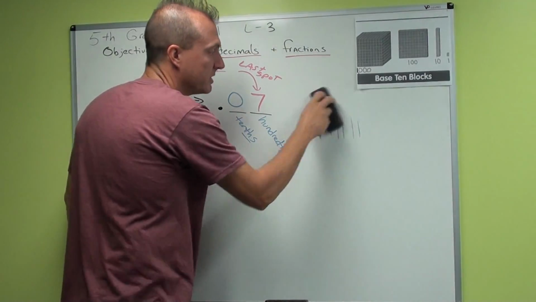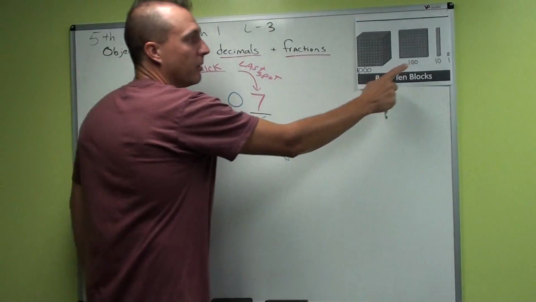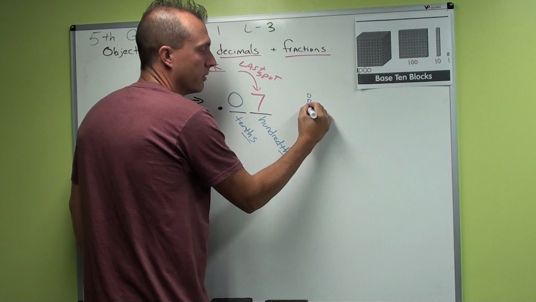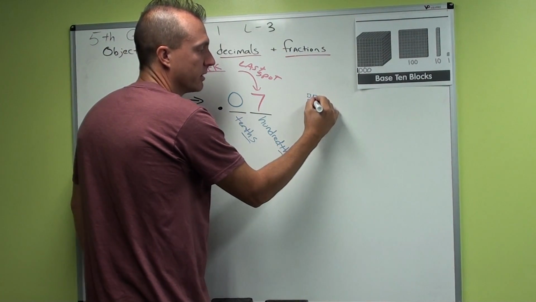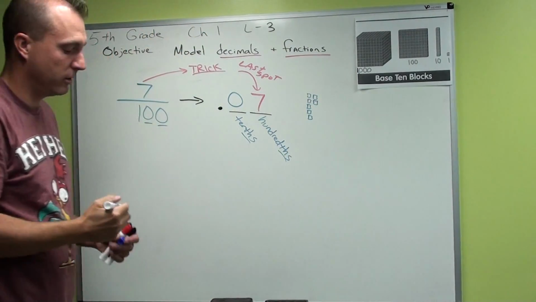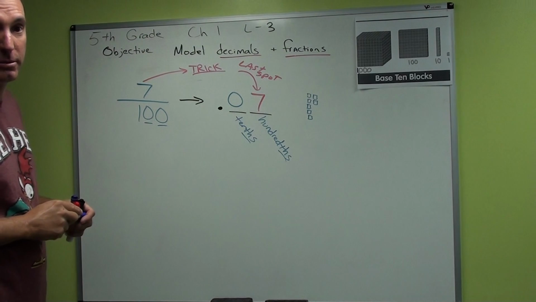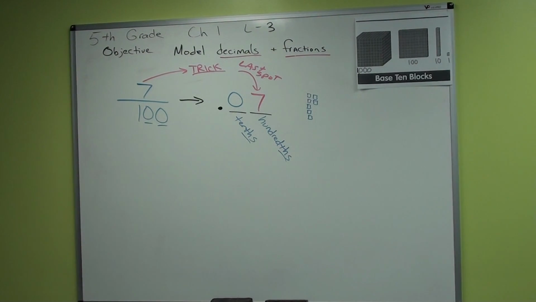That means there's no 10 sticks. You should have 7 single cubes, 1, 2, 3, 4, 5, 6, 7. It would look like that. And then you're actually done those types of problems. Alright, so check that out for a minute.